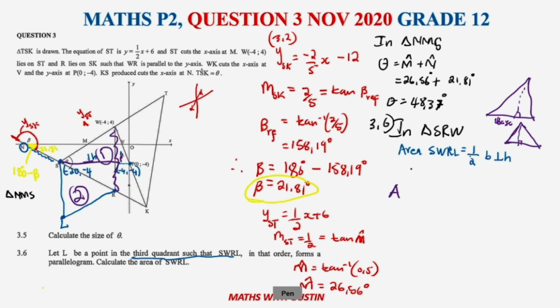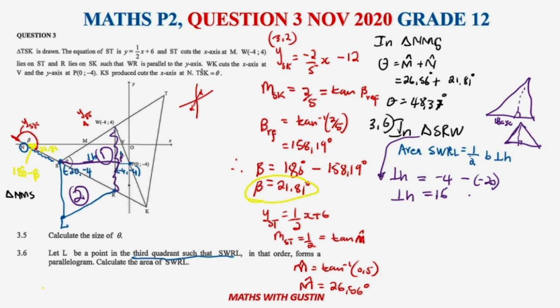To find the perpendicular height of this triangle, we say negative 4 minus negative 20, which is going to give us 16, which is our perpendicular height.